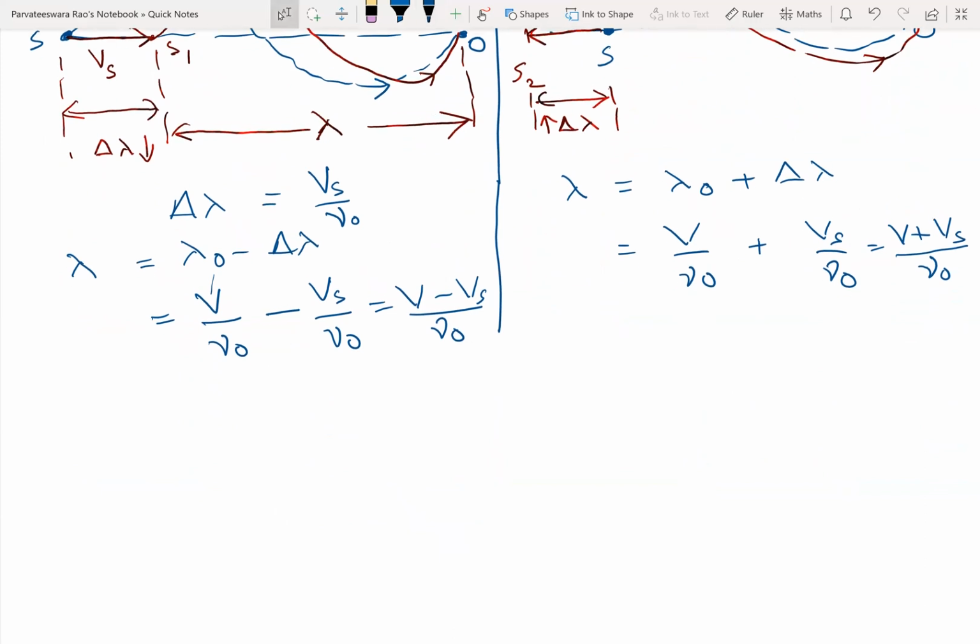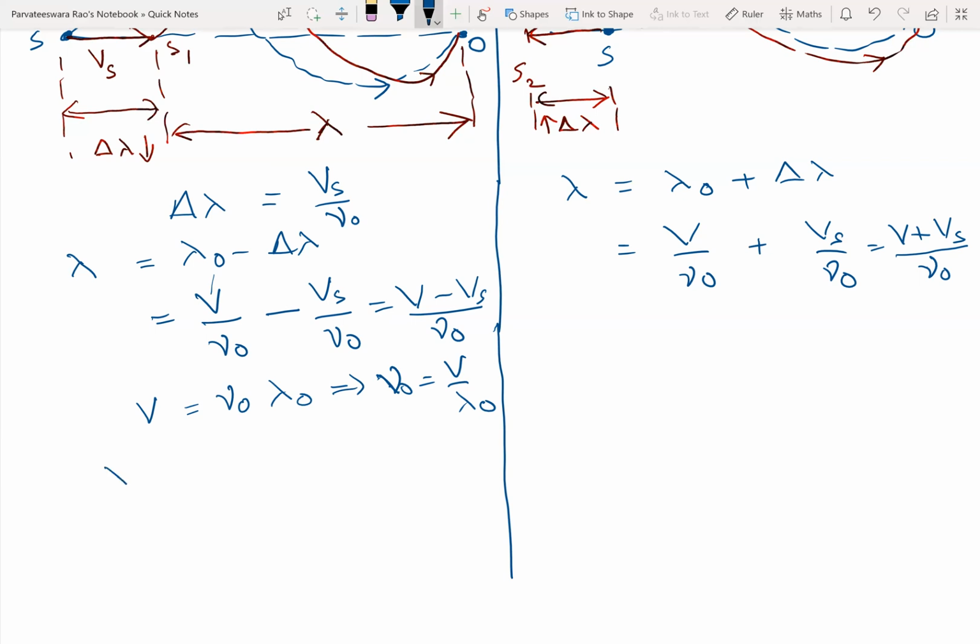Now, V is equal to nu naught into lambda naught, which implies nu naught is equal to V by lambda naught.